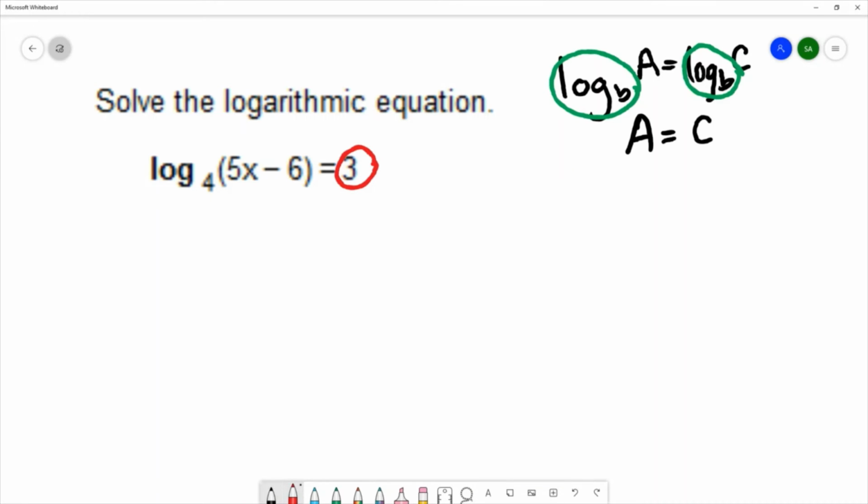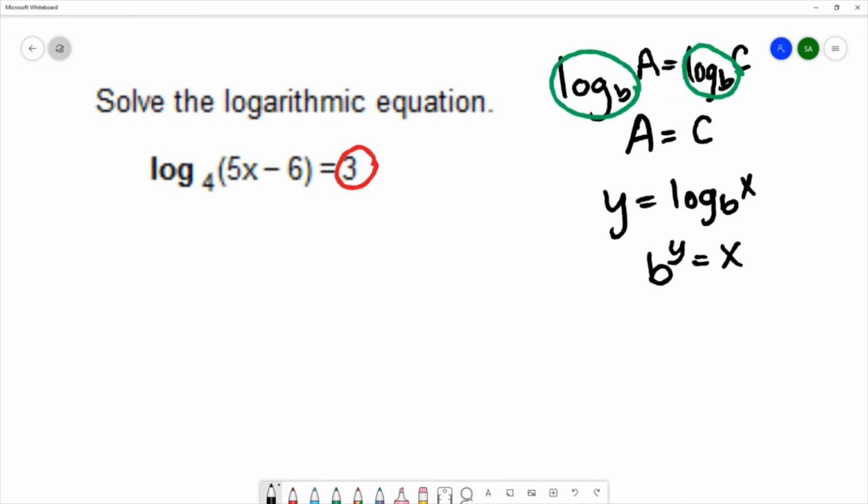So let's see if the other method would be a good one to use. The other method is to take your log equation and convert it to an exponential equation. So if you have something like y equals log base b of x, then you can rewrite this log equation with the base to the y power equals x.